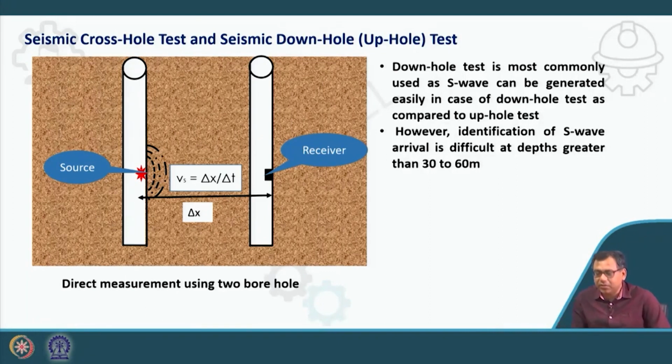Clear? So the downhole test is commonly used because the S wave can be generated easily compared to the uphole test, where the source is at different depths within the borehole and the receiver is at the ground surface. However, identification of S wave arrival is difficult at depths greater than 30 to 60 meters. That is another limitation.